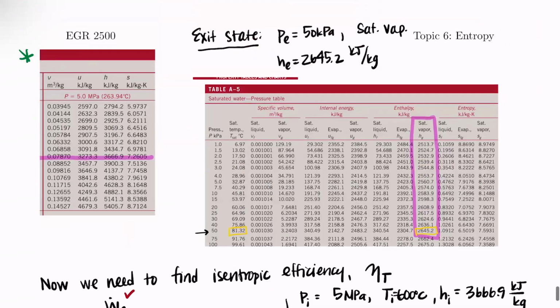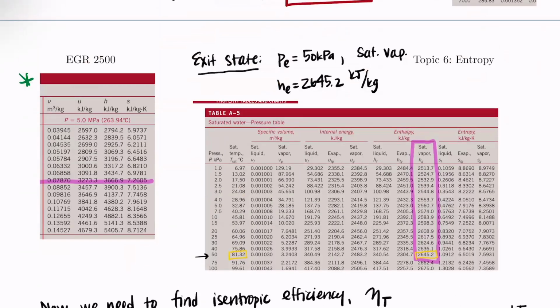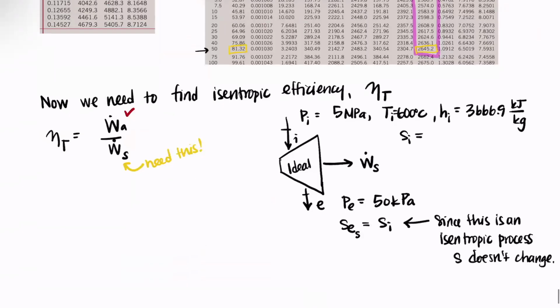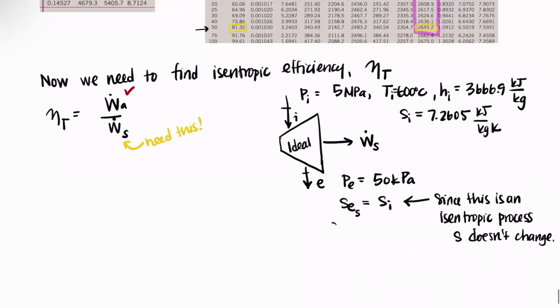We're going to go back to this green starred table, and our entropy at the inlet is here. We have 7.2605 kilojoules per kilogram Kelvin, which means that is also our exit entropy.